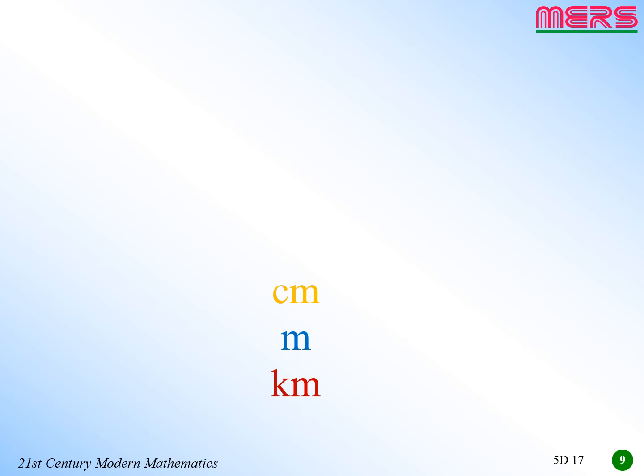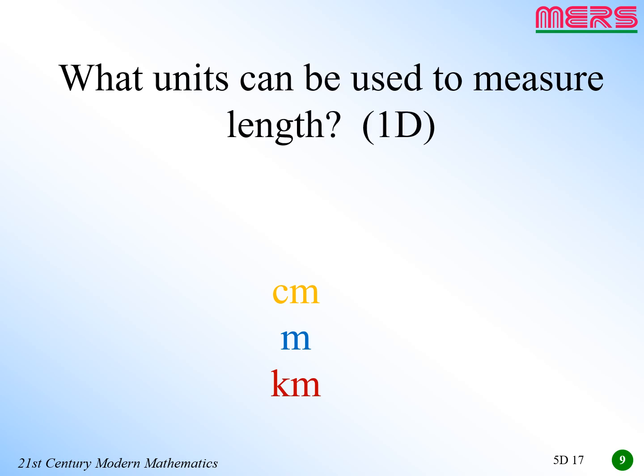Now, let's recall some of the things that you have learned before. What units can you use to measure length? Millimeters, centimeters, meters, or kilometers? How about the 2D shapes that you have learned? The 2D shapes with 3 sides are the different types of triangles.